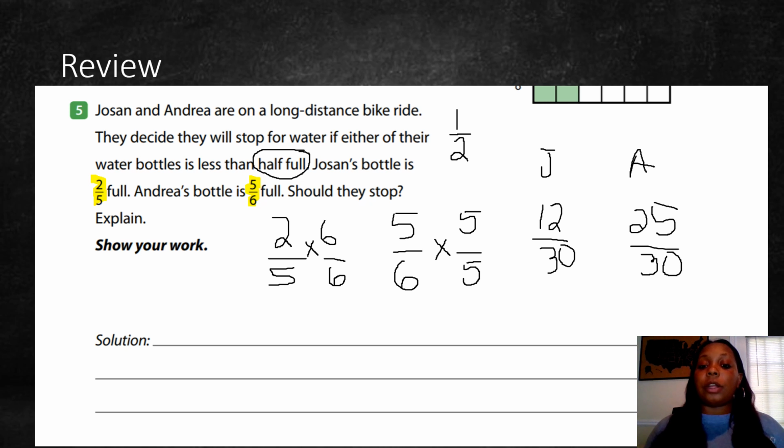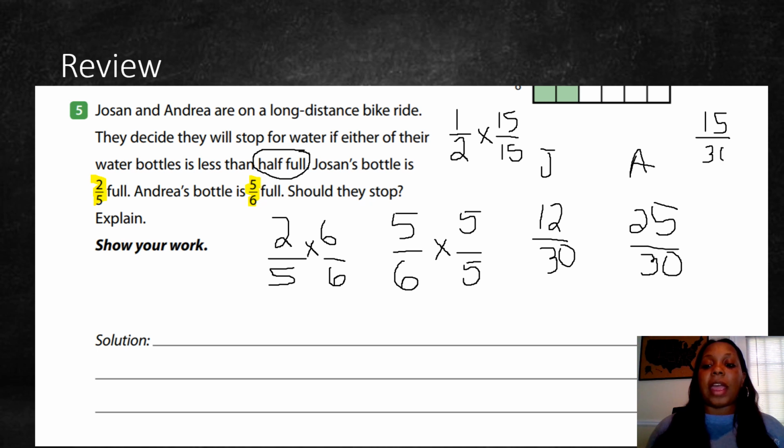Well, like I said earlier, we may have to convert our 1/2, and so I'm going to see what can I multiply 2 by to get 30. That's going to be 15. So when I multiply 1/2 times 15 over 15, that gives me 15/30.